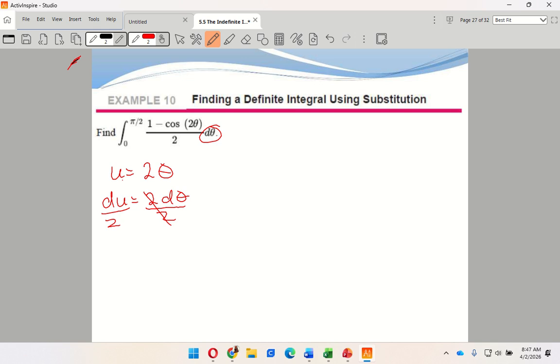Very good. That's what I'm looking for. So it would be a 1/4 integral. And so I took care of this, and I took care of the 1/4, or the other 1/2. And so now it's going to be 1 minus cosine of u du.